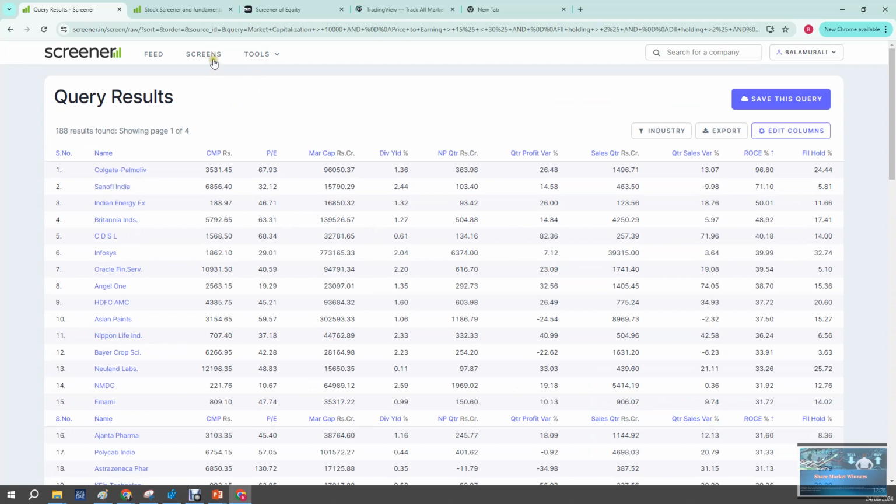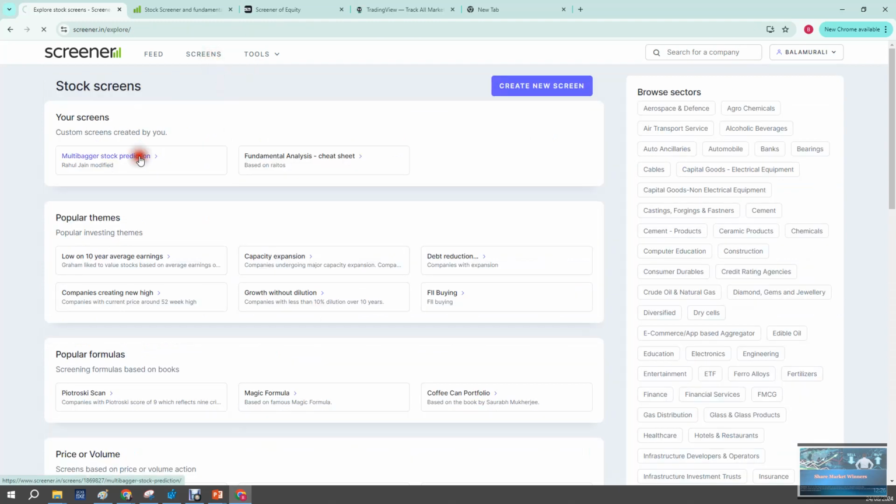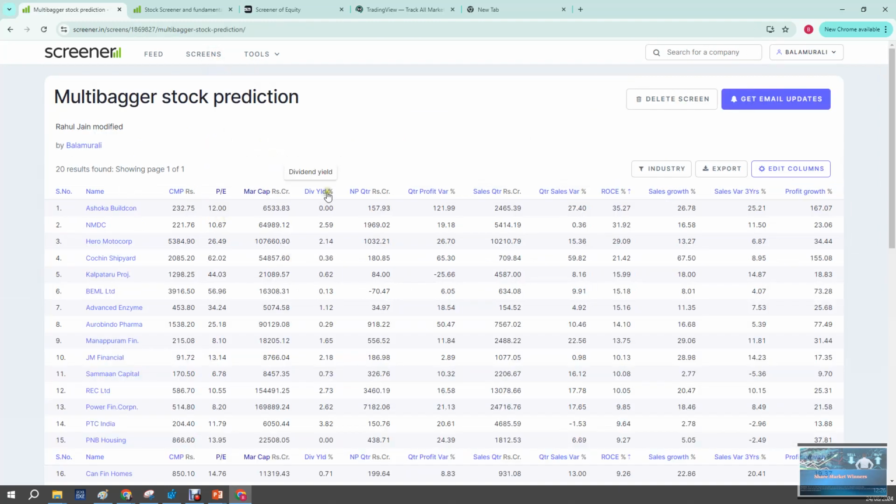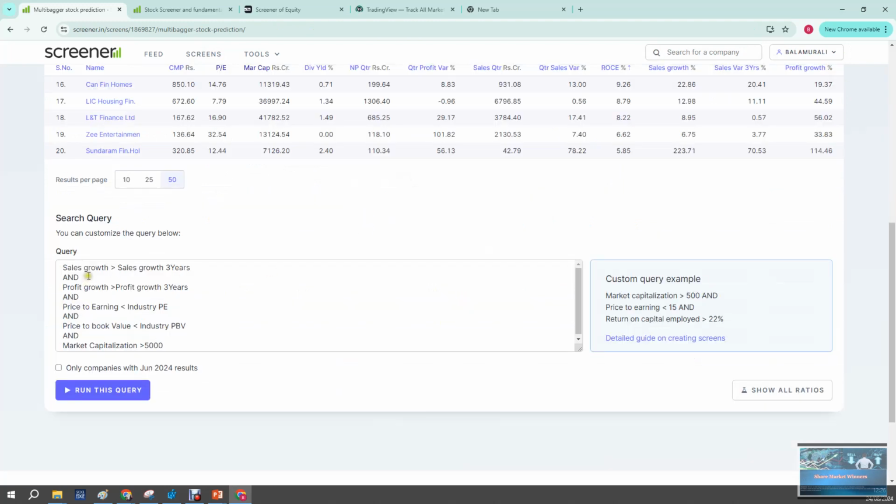So some of the screeners, this one which I have created, if you can see, is based on Rahul Jain, popular YouTuber, who has explained how to identify the multi-bagger stock. For that, he has set sales growth is greater than sales growth of 3 years, and profit consistently growing after 3 years, and price to earning is less than industry PE, and book value is less than industry PV, and market capital is greater than 5,000.